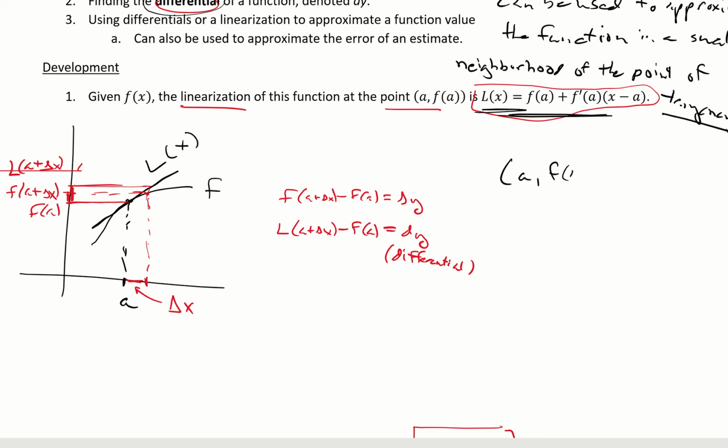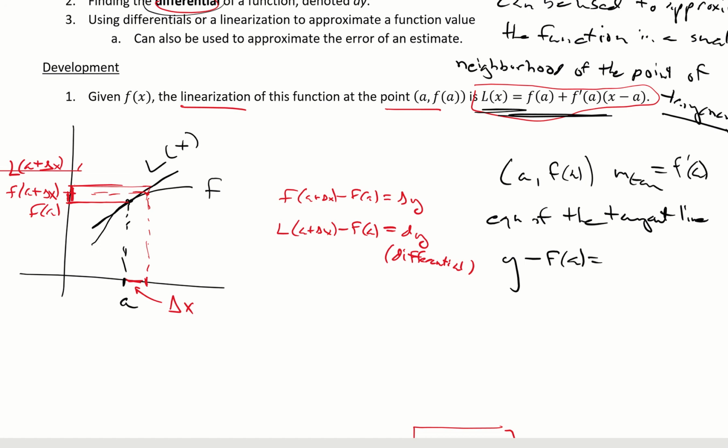You have a slope, and the slope m tan is f prime of a. Therefore, the equation of the tangent line is given by this: y minus f of a is equal to f prime of a, that's the slope, times x minus a.